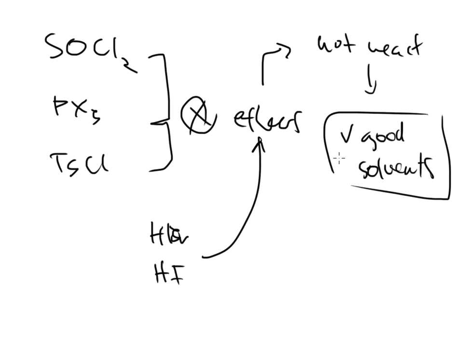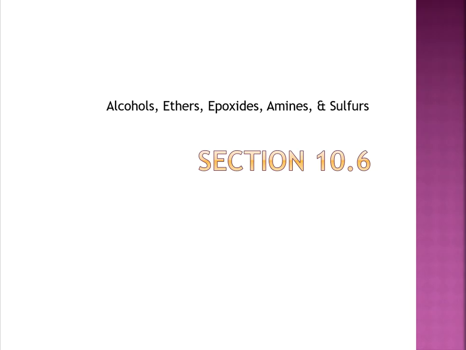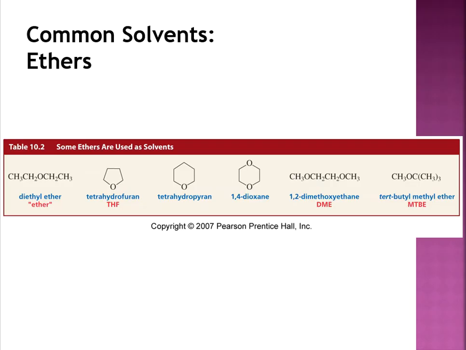They are so reliable to stay as an ether, unless we're adding HBr and HI, that we can feel pretty good about adding those into a solution as a liquid solvent and allowing a reaction to go forward, knowing that the ether is not going to take part in the reaction. Now, what are some of these common solvents that you might see in a laboratory?